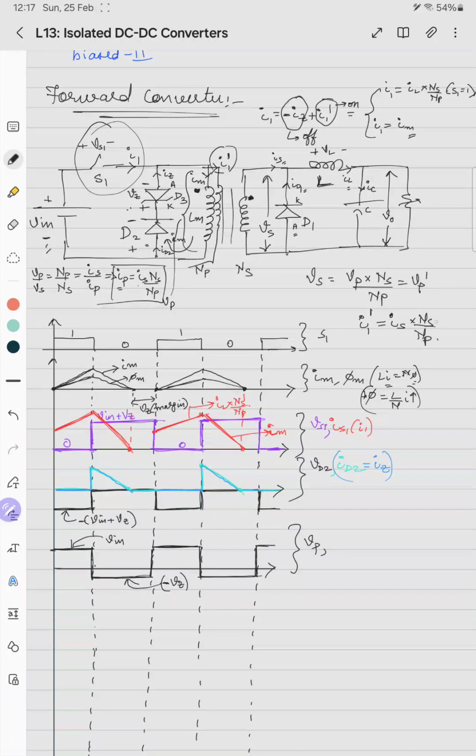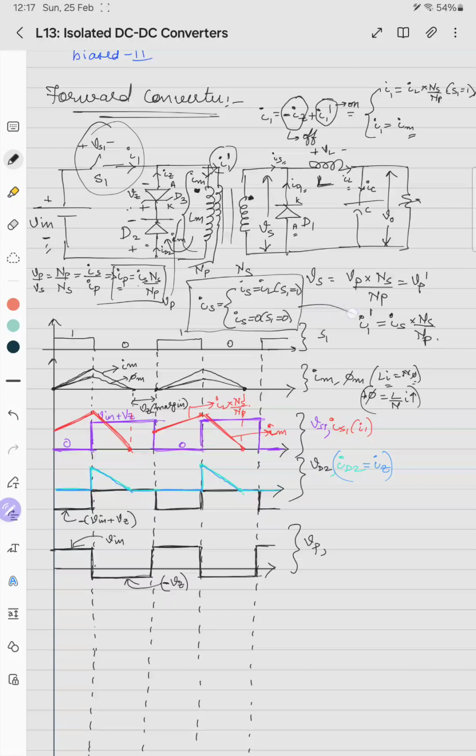Now if you want to write IS, what will IS be? When S1 is on, IS becomes equal to IL, and IS is 0 when S1 equals 0.